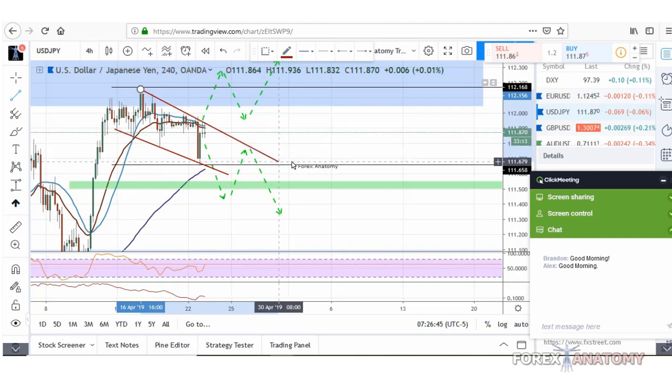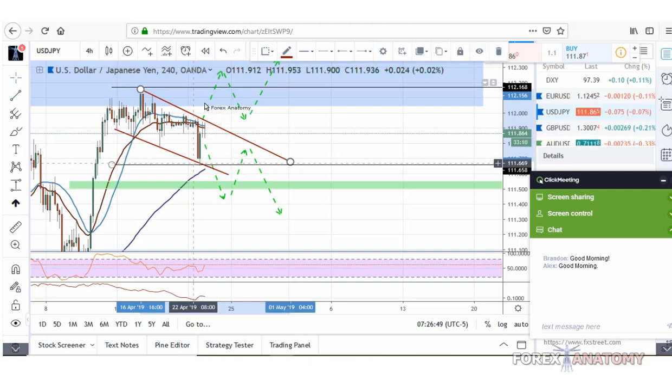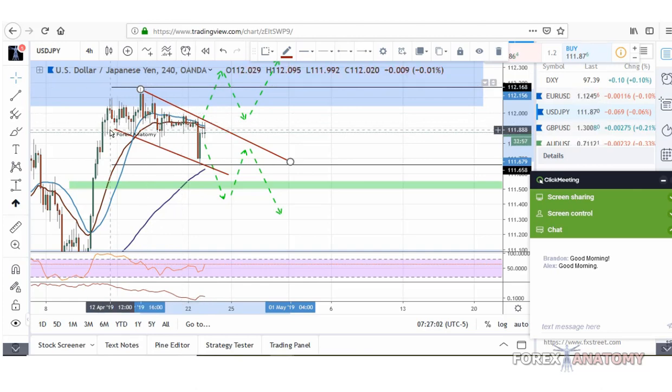So we could be in the midst of this complex correction, and we could see price break this sort of like trend line to the upside. But my thing is just to wait for price to break this high before we do anything. But yeah, that's how I'm going to play the US dollar, Japanese yen.